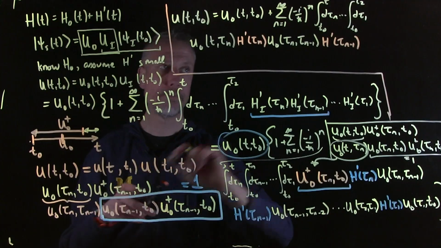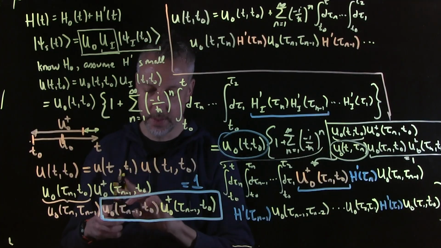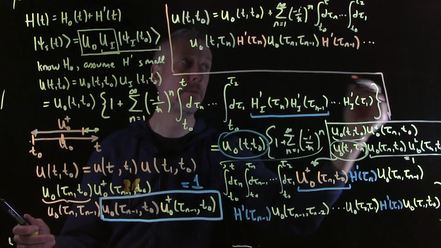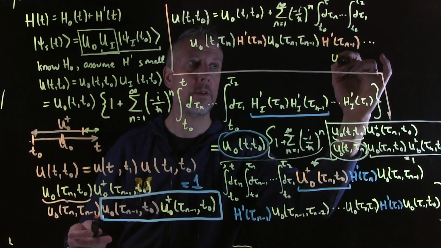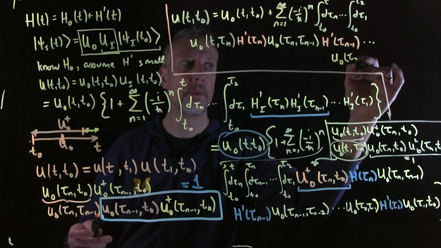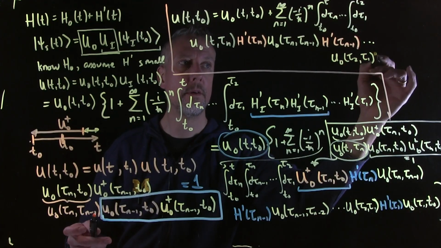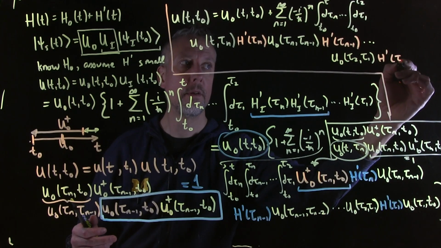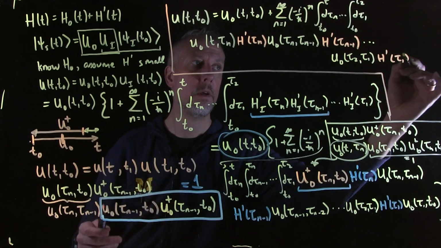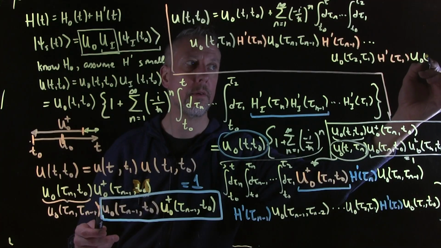All right. All the way down to the last term, which is U naught tau 2 tau 1, H prime tau 1, U naught tau 1 t naught.